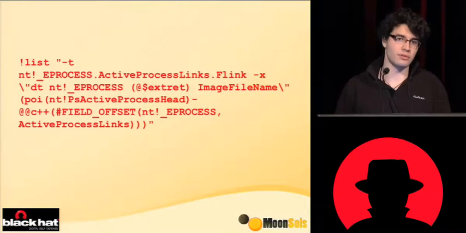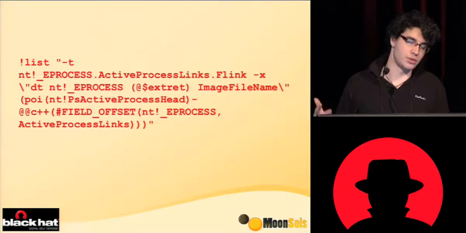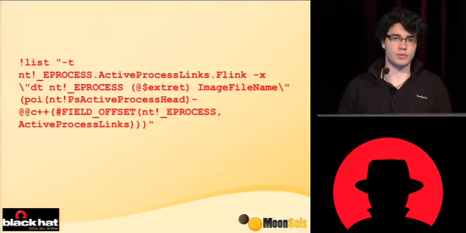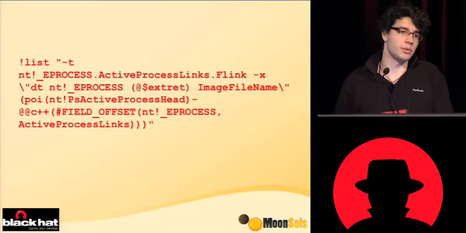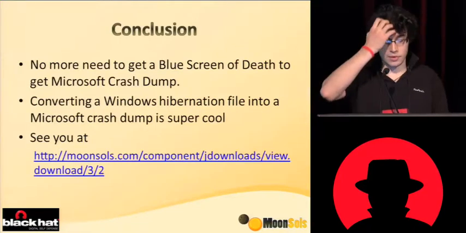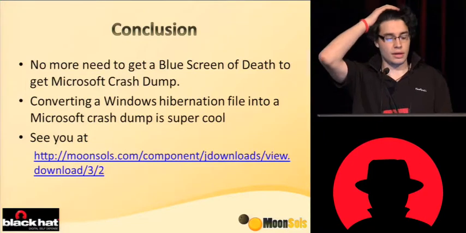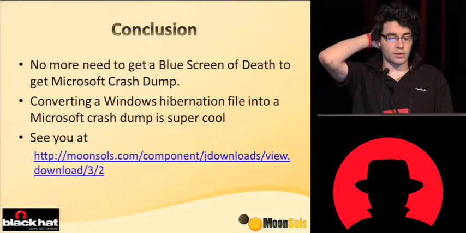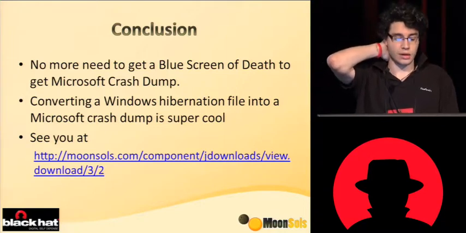But of course, you already have a present command to do this. This is just to say that it's really complete. If you want to, you can also write plugins for WinDbg. So it's really complete. As a conclusion, you don't need the blue screen of death anymore to generate a Microsoft crashdump.